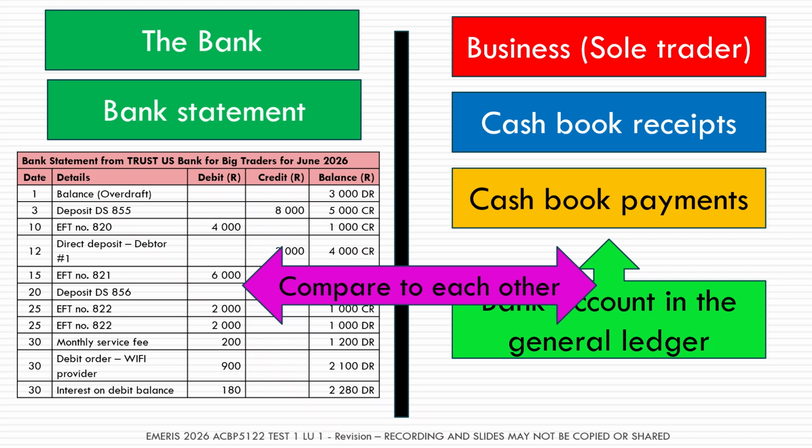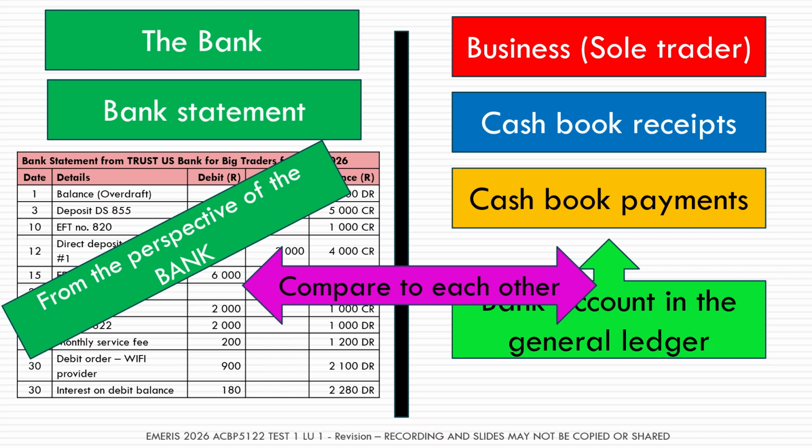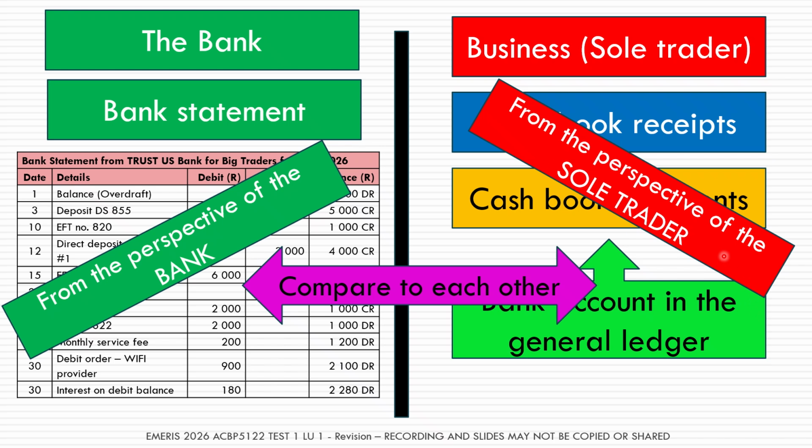And what we have to remember here when we do this comparison is that the records kept by the bank, so this bank statement that I'm showing you on this side of the screen, this is prepared from the perspective or the viewpoint of the bank, where the cash books and the general ledger are prepared from the viewpoint of the business or the sole trader.